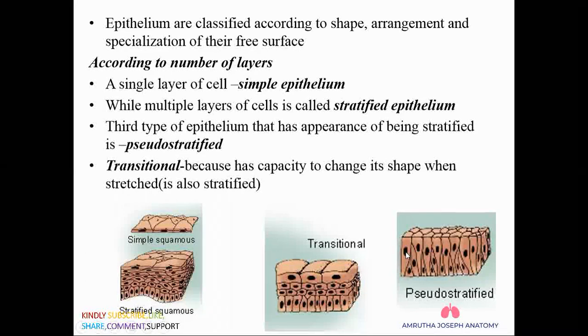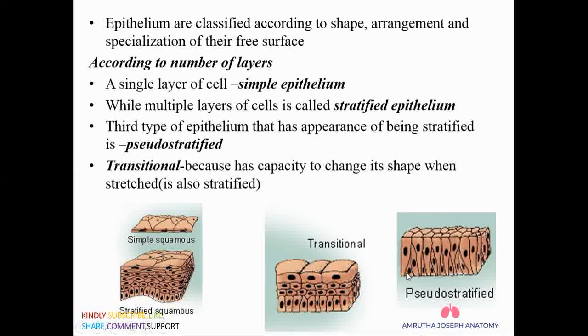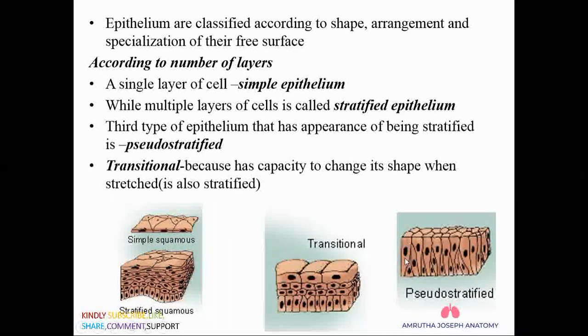Here, all the cells are touching the basement membrane. This is basement membrane. All the cells are touching the basement membrane. But the length of the cell is different. This cell is very long. This is short. This is long. This is long. This is short. So the height of the cell is different. And arrangement of the nucleus is also different.